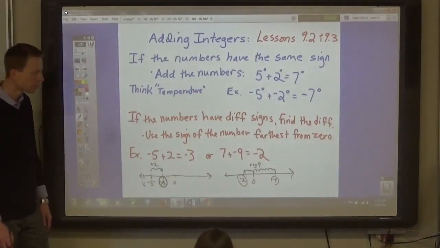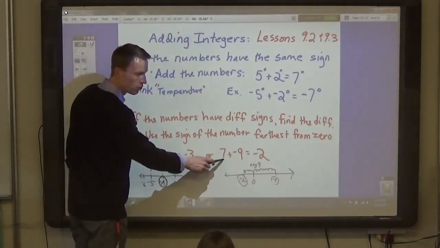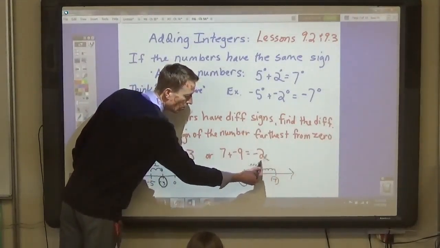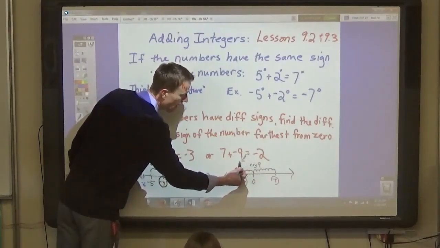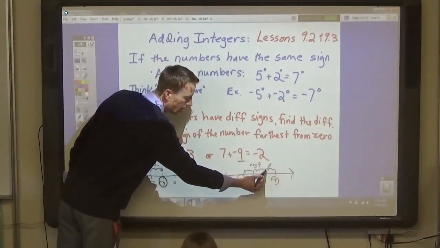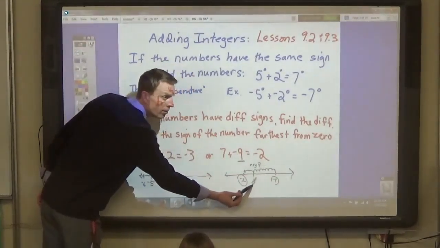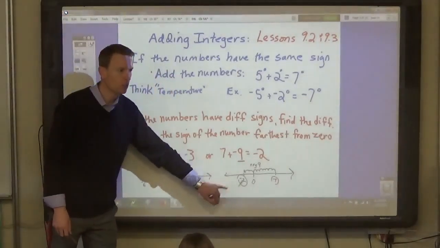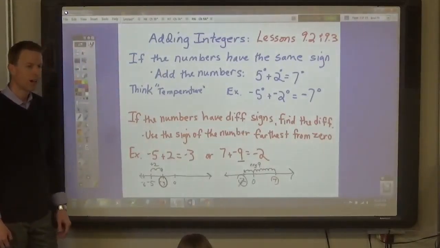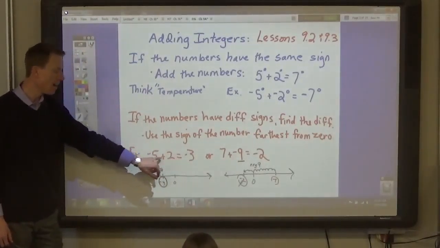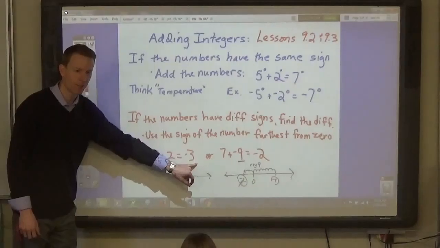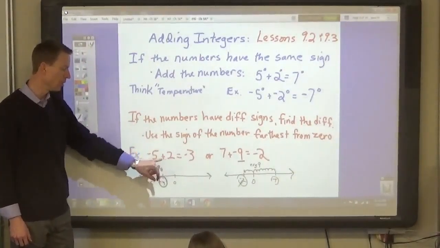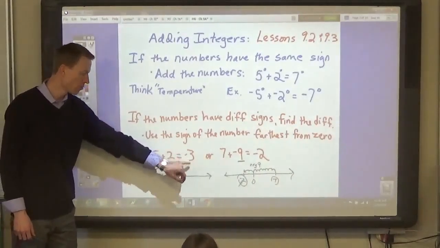Okay? Or, in this example, if you're starting at 7 on the number line, and then you go to the left, negative 9, you're going to go past 0 and end up at negative 2. Okay? How did we get these numbers? Well, negative 5 plus 2, or 5 minus 2, the difference is 3.